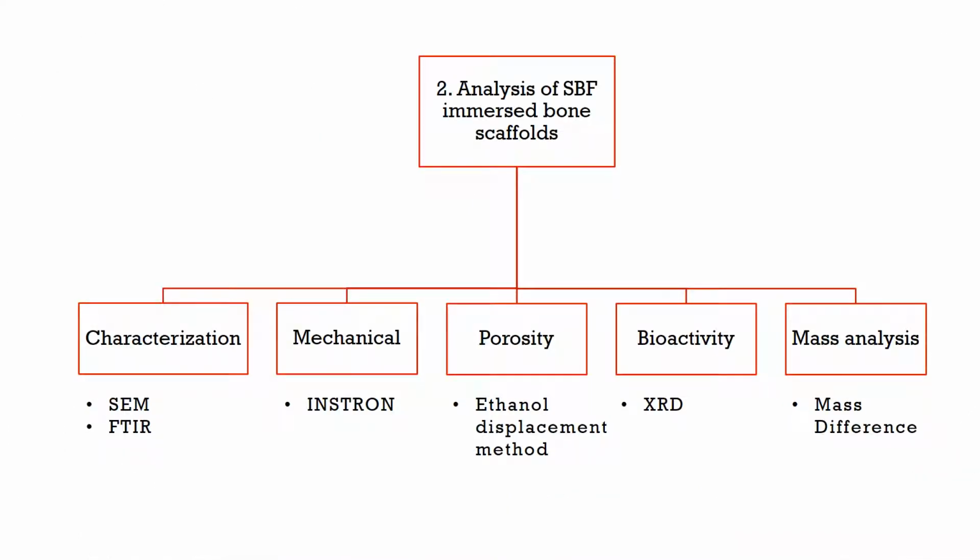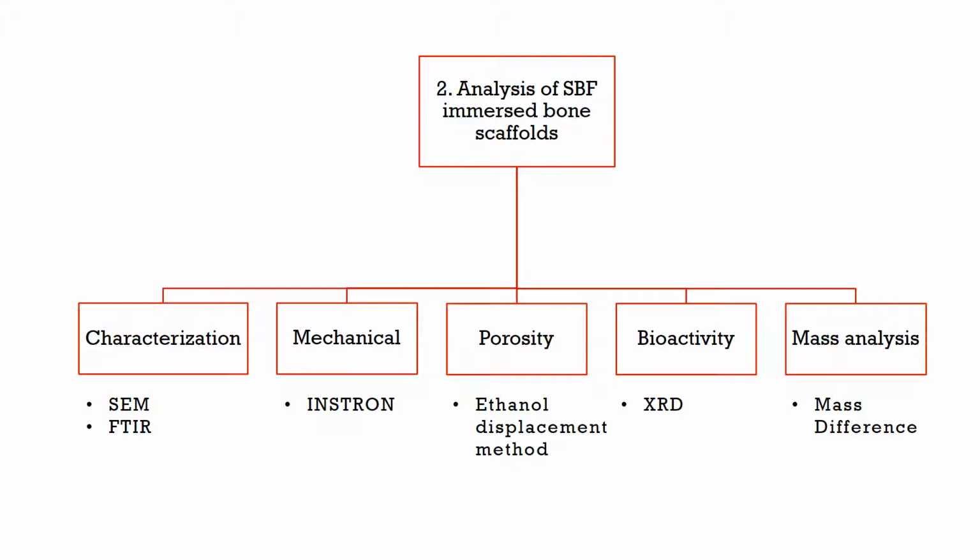Next, the SBF immersed bone scaffolds are analyzed in 5 different ways. The characterization, mechanical and porosity analyses are carried out similar to the way they have been carried out in the first objective. Whereas 2 new analyses are carried out, which are bioactivity analysis and mass analysis.